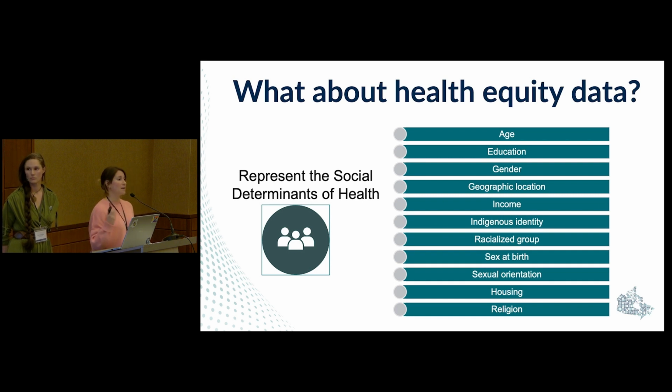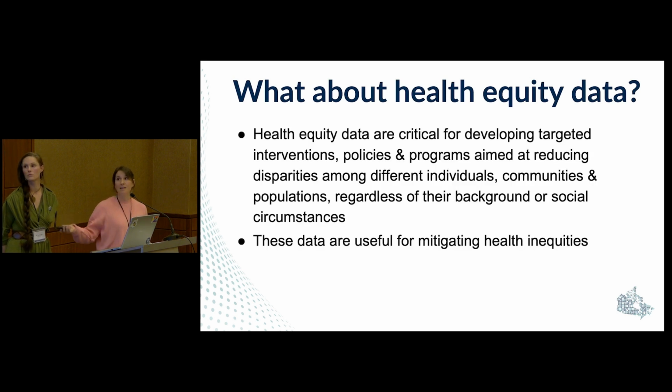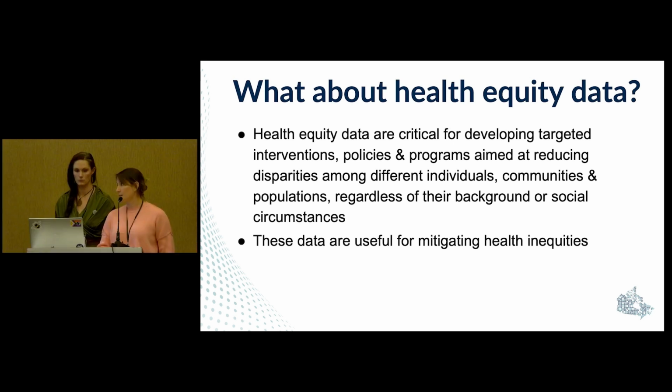And we've had a lot of opportunity to hear more about those as well from this morning's sessions. So health equity data are critical for developing targeted interventions, policies, and programs aimed at reducing disparities in health. And these are really useful in mitigating health inequities.